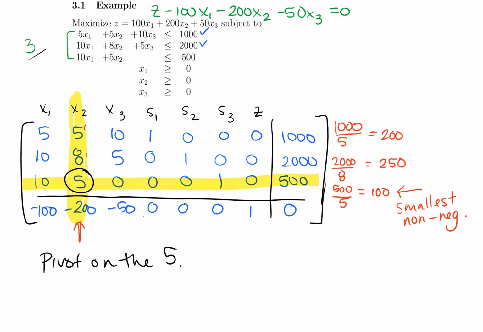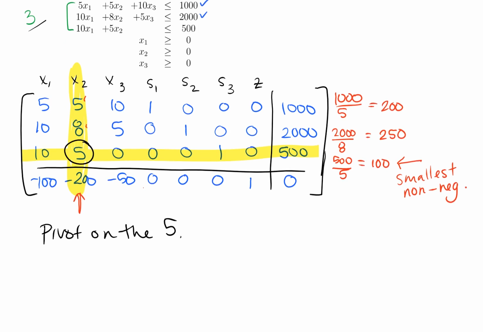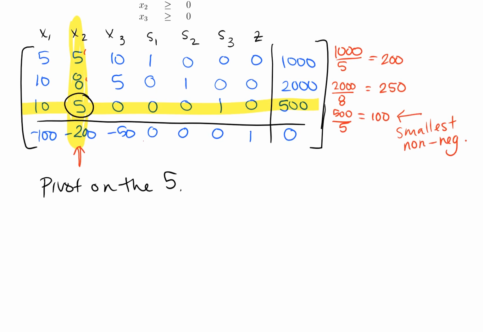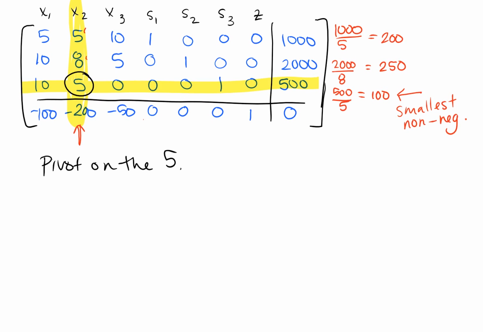Let's talk about what our current solution looks like. From this simplex tableau, before we pivot anything, we do have a solution to our linear programming problem. We are at a corner point right now, but it's probably not the corner point that we're looking for. So let's talk about what the different parts of this tableau would be called.